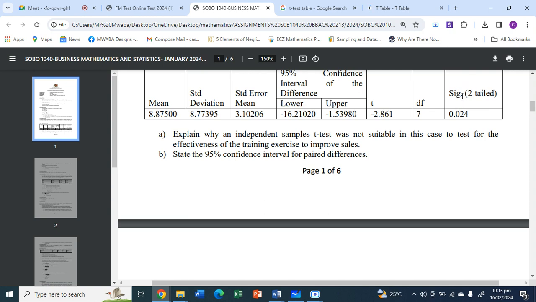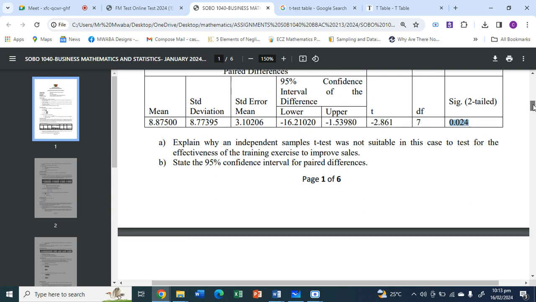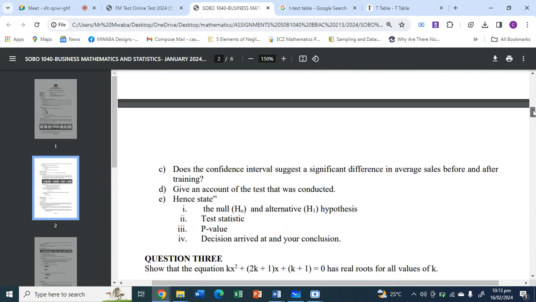This is where you find the p-value. The value is 0.024. So test statistic negative 2.861, p-value 0.024. So number 4, the decision arrived at and your conclusion.